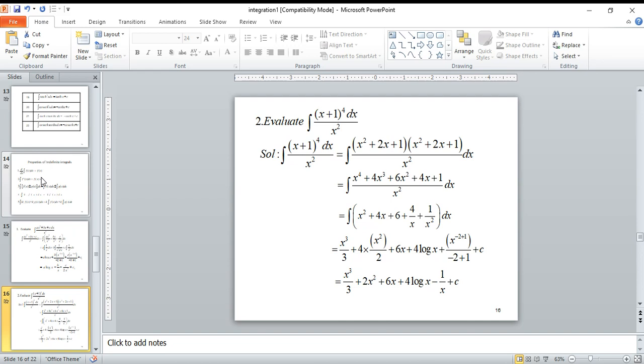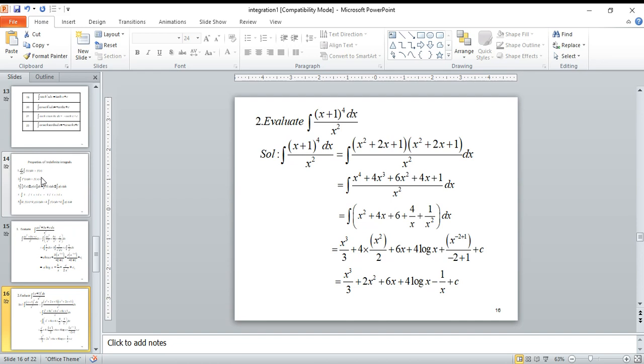Now integrate. Integration of x square: the formula for x power n is x power n plus 1 by n plus 1, so x square integrates to x cube by 3. Plus 4 into integration of x is x square by 2. Plus 6 into integration of 1 is x, that is 6x.